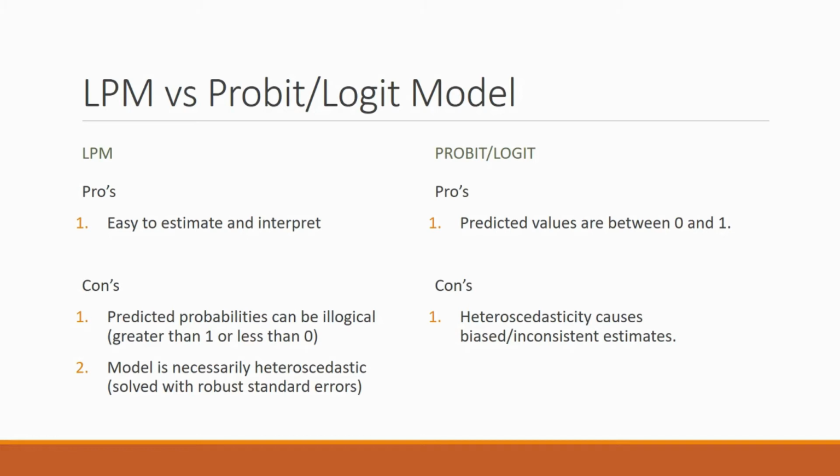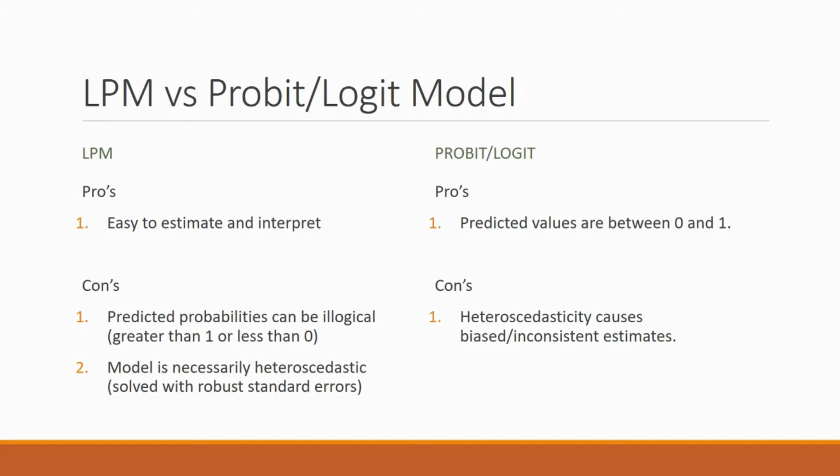It does not cause bias in our coefficient estimates. It causes bias in the standard errors. But we can just use the robust standard errors and solve the problem. But when we use a Probit model, heteroskedasticity actually causes our estimates to be biased, or what we would call inconsistent. Inconsistent means that they will be biased even if we have a large sample size.